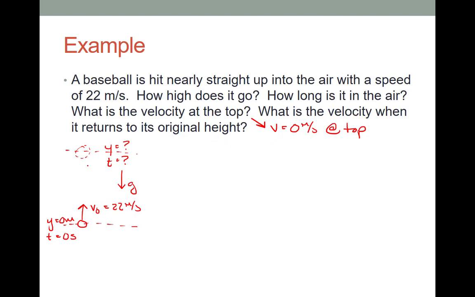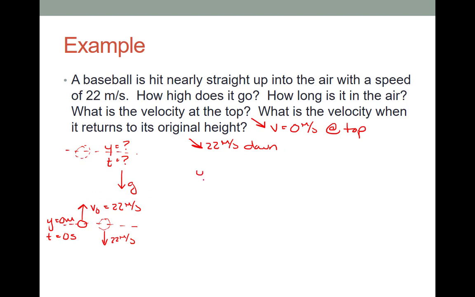Since we have symmetry in this question, it will be moving downward at 22 meters per second. So the velocity when it returns to the original height will be 22 meters per second downward. You can actually do the math to show that latter one fairly easily.